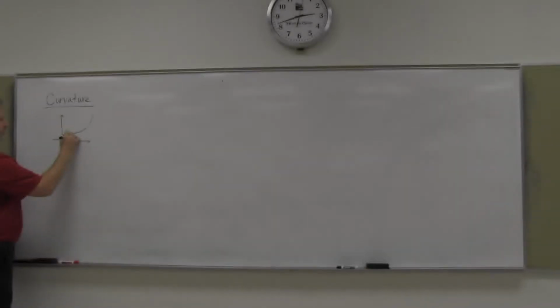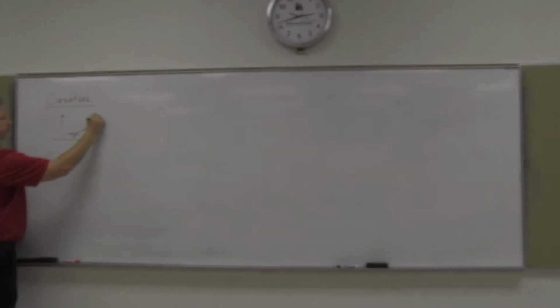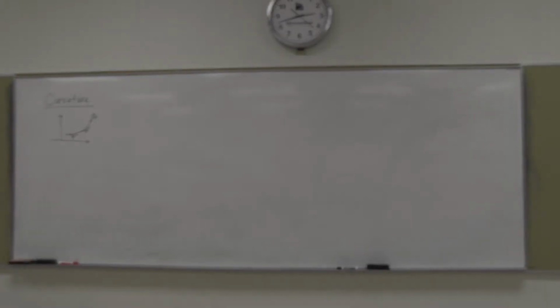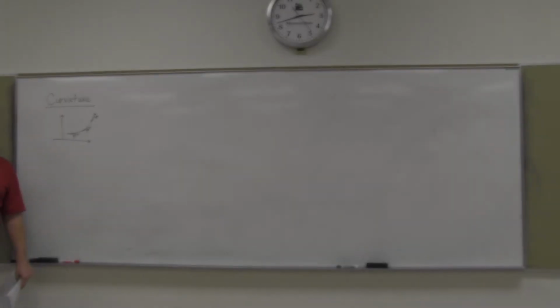So if I go from this point to this point to this point, and think about the unit tangent vector, which is 1 unit long, that unit tangent vector turns along the curve as well.